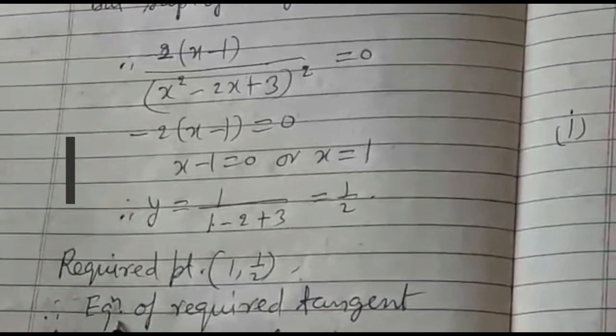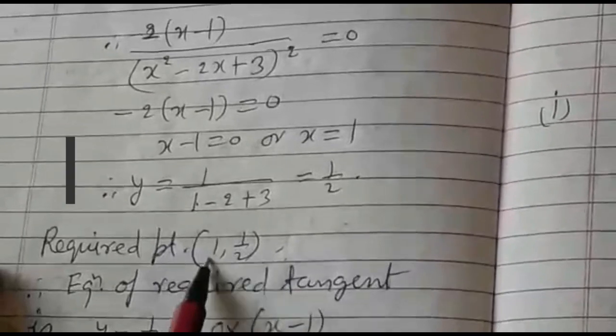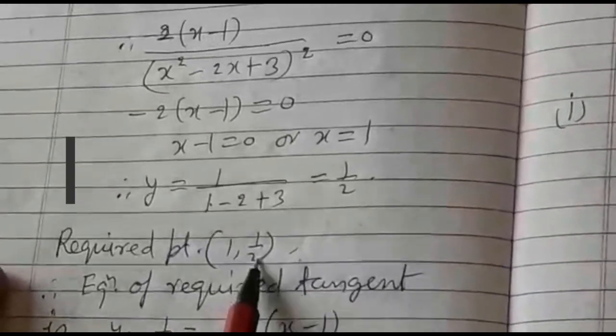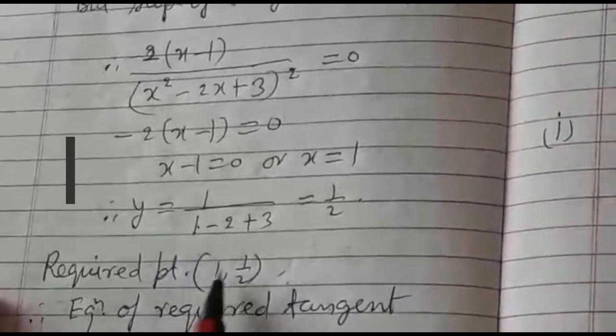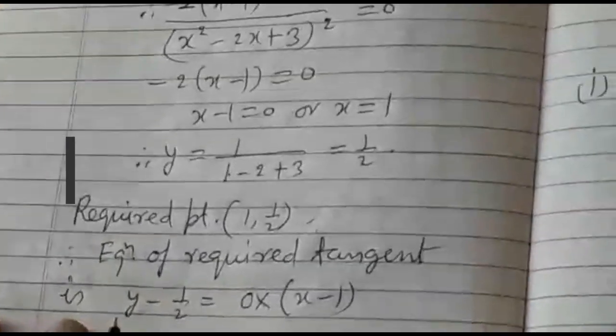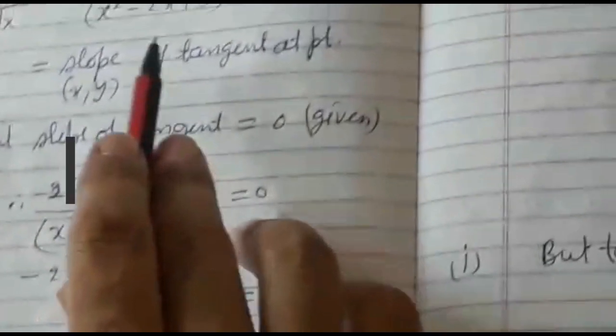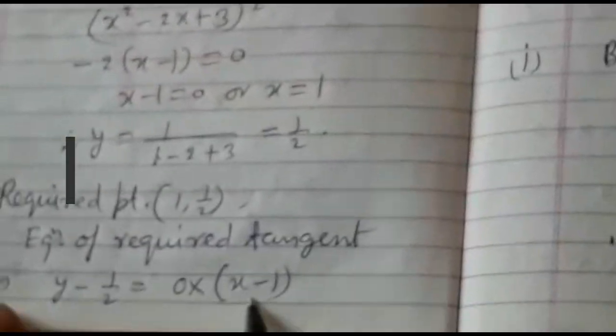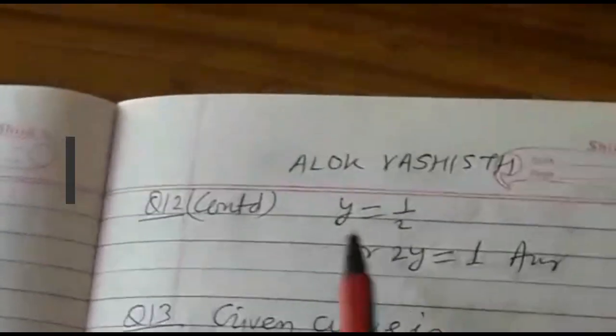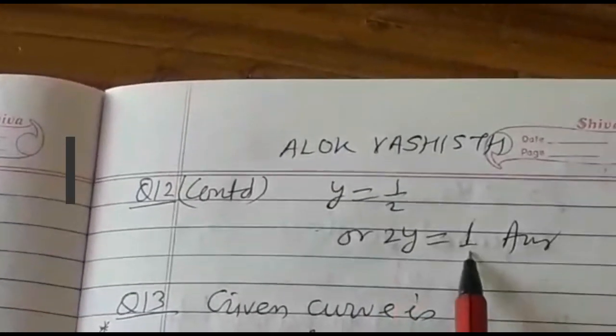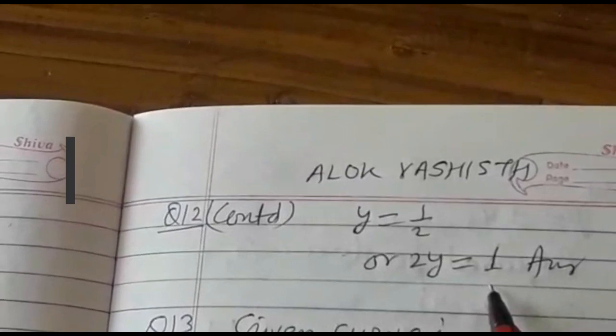At this point we have to get the equation of the tangent. So the equation of the tangent at this point is y − 1/2 = m(x − 1). The value of m is already 0, so y − 1/2 = 0 × (x − 1). So we will get the answer 2y = 1. So this is the equation of the tangent.